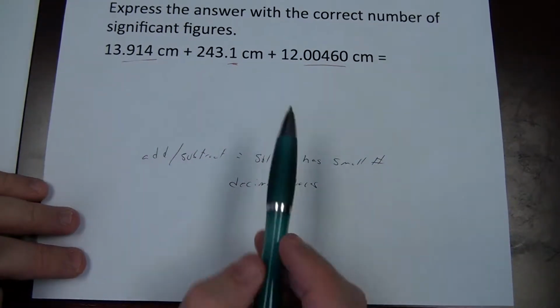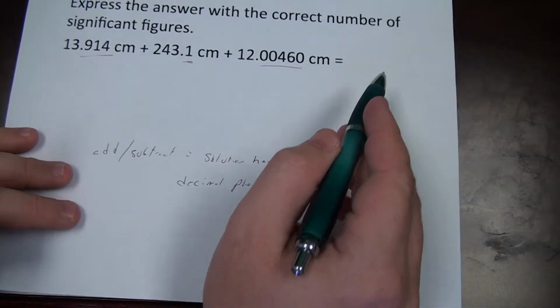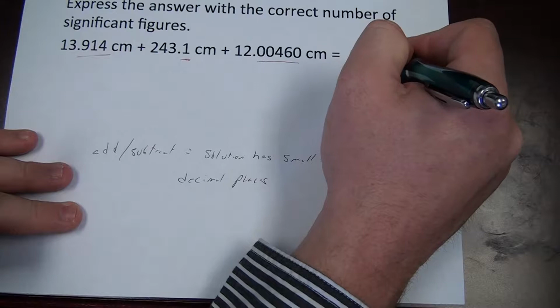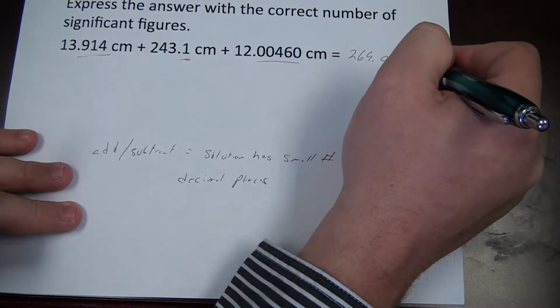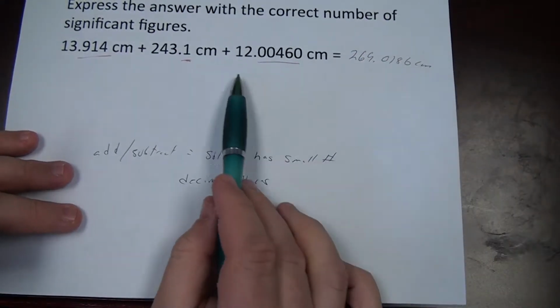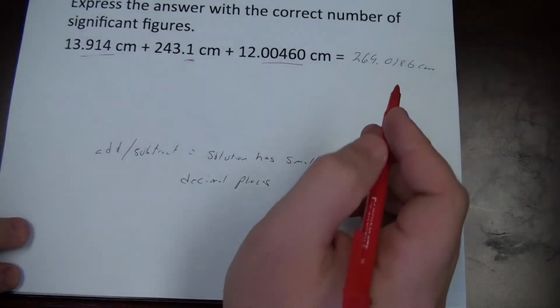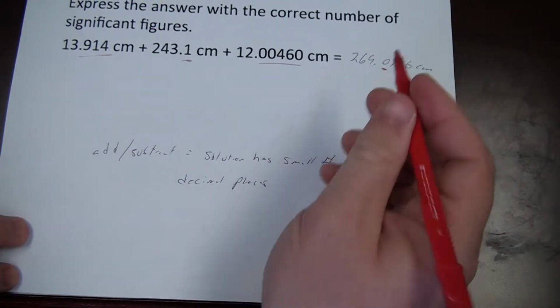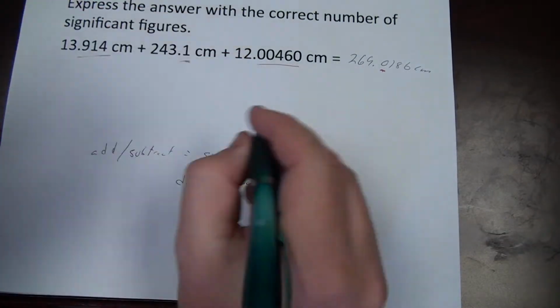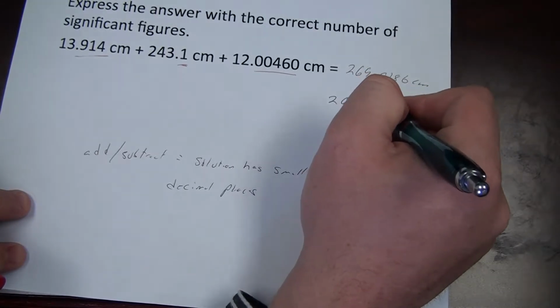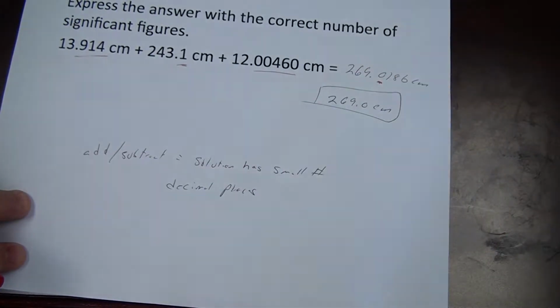So if we add these all together, we get 269.0186 centimeters. But because of the rules of significant figures, we have to round that to 1 decimal place. So this becomes 269.0 centimeters as our final solution.